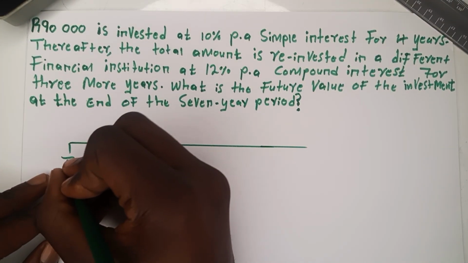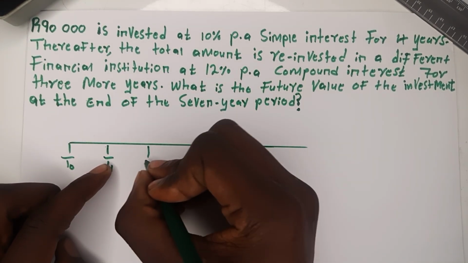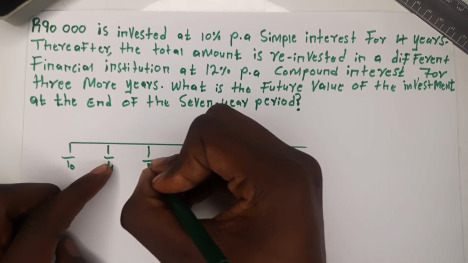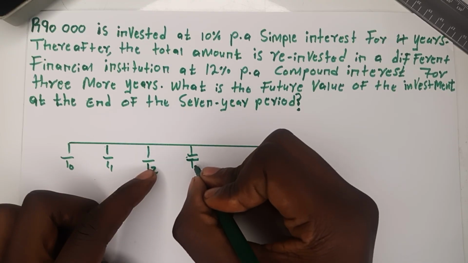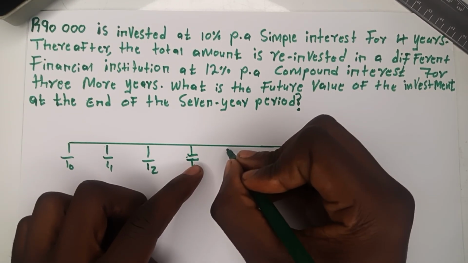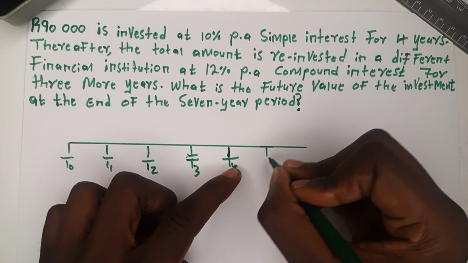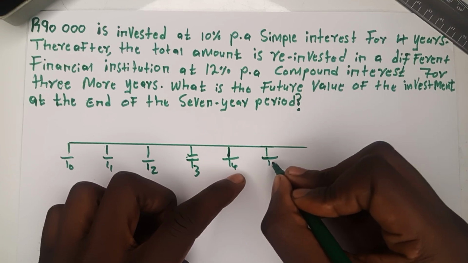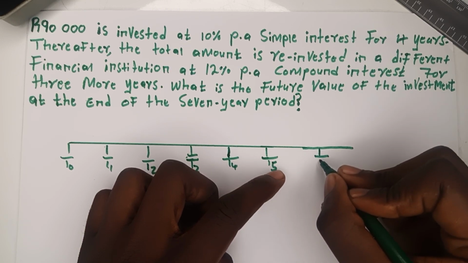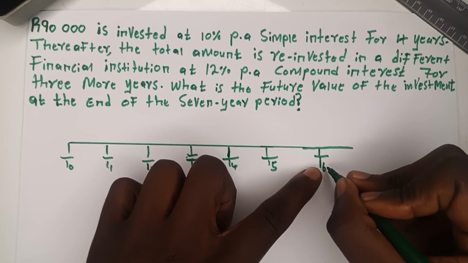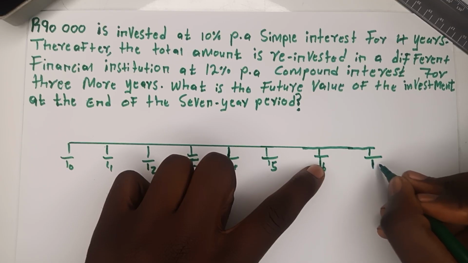So this is the beginning of the first year, T0, end of the first year, T1, beginning of the second year, T1, end of the second year, T2, beginning of the third year, end of the third year, which is going to be T3, beginning of the fourth year, and then end of the fourth year, beginning of the fifth year, end of the fifth year, beginning of the sixth year, end of the sixth year, T6, beginning of the seventh year, and then end of the 7th year.